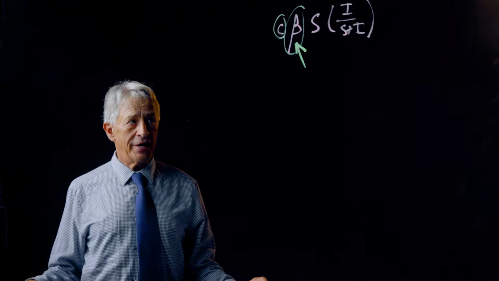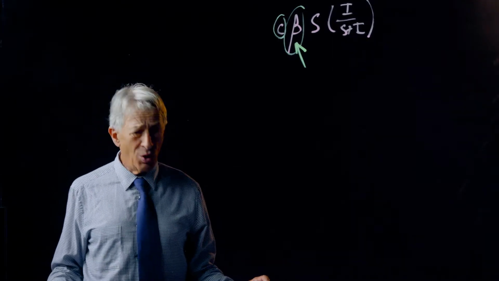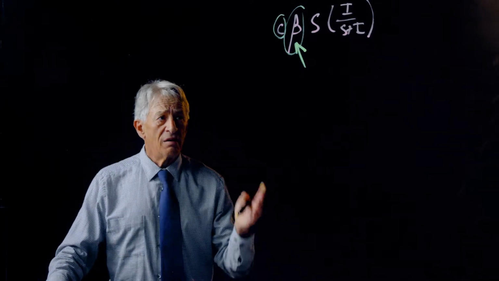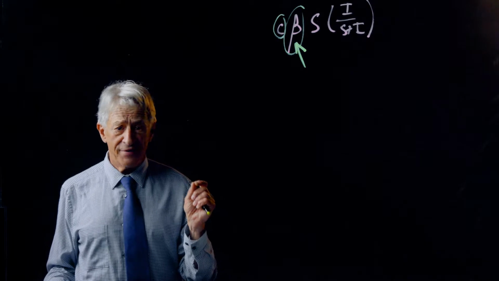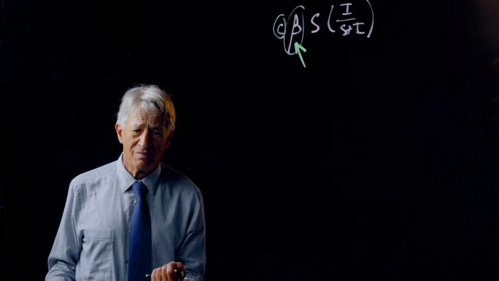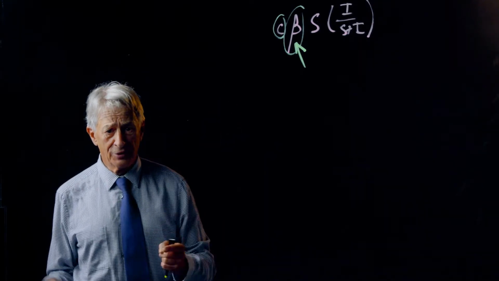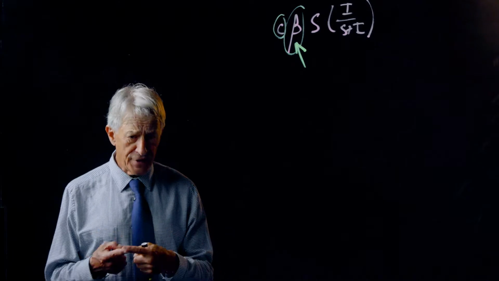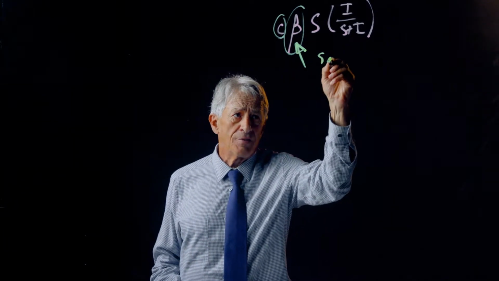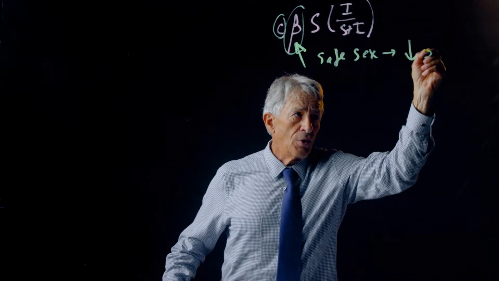How can we raise or lower beta? And in particular, we're interested in, obviously, lowering beta. Well, for example, safe sex practices. Use of a condom lowers beta, lowers the probability that the encounter results in infection. So safe sex implies lowering beta.